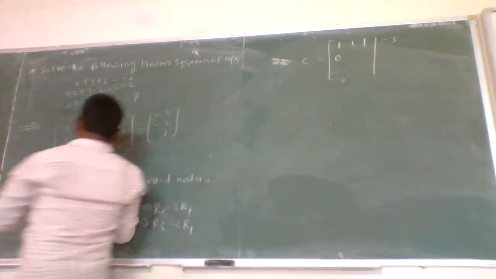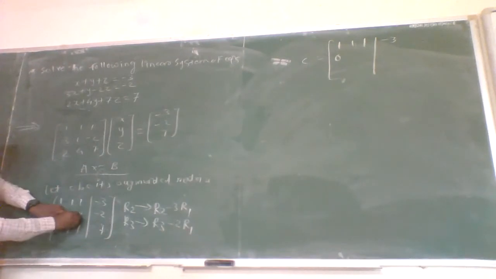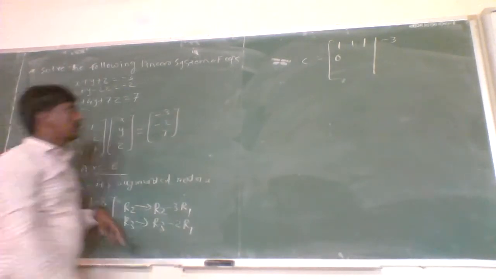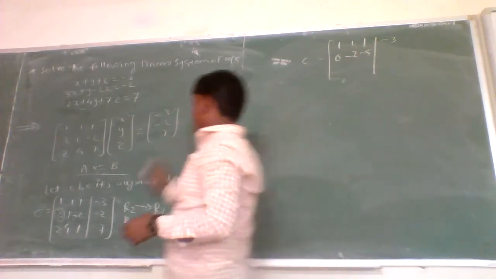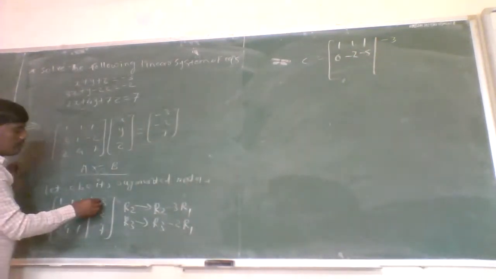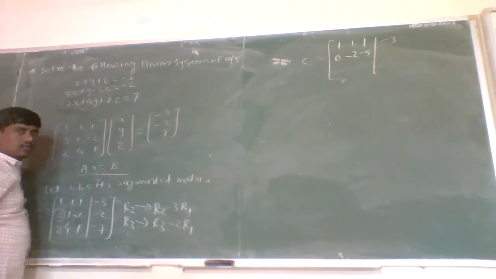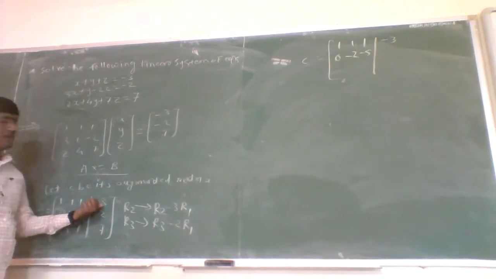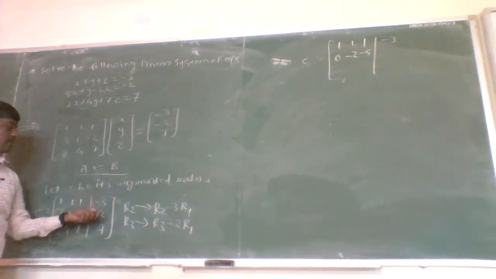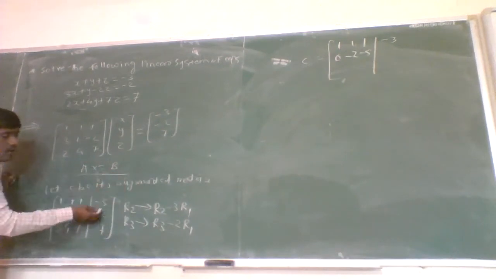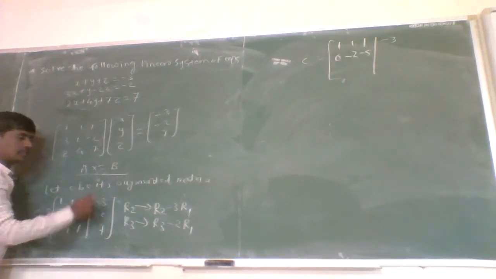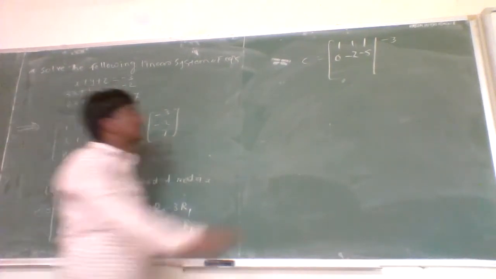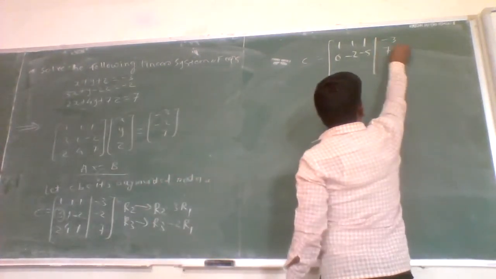Similarly, 1 minus 3 is minus 2, and minus 2 minus 3 is minus 5. Here is minus 2 and this one is minus 5. Now here, multiplying by 3, minus 3 into 3 is minus 9, and subtracting from minus 2, minus 2 plus 9 is 7.